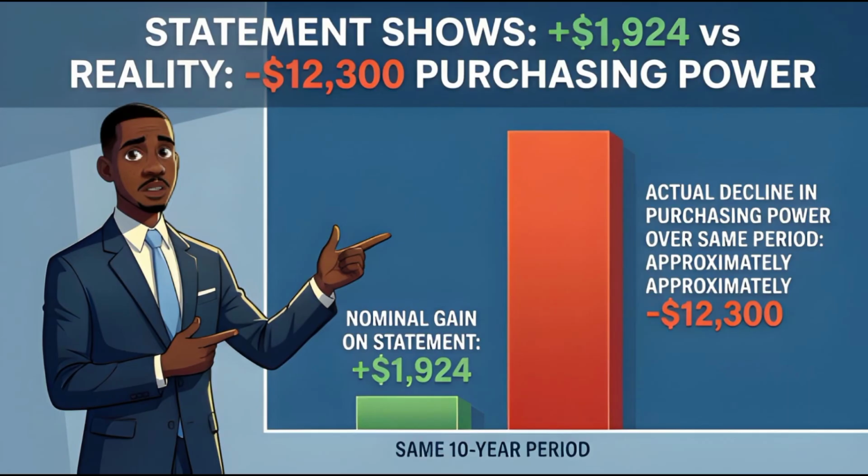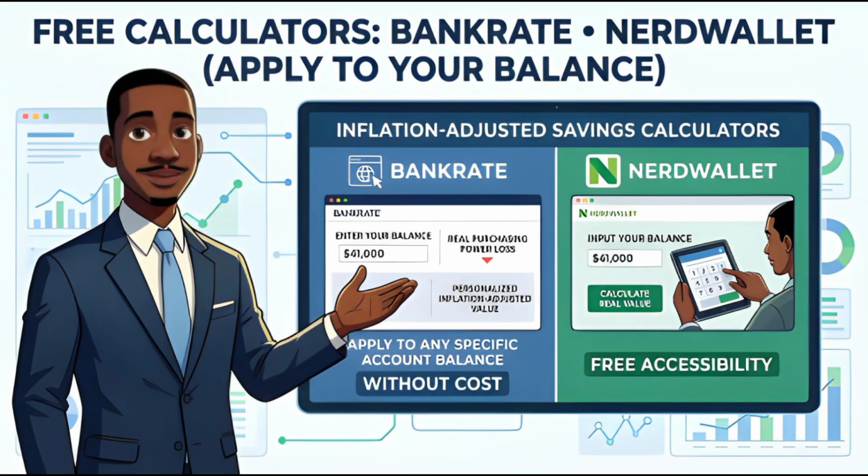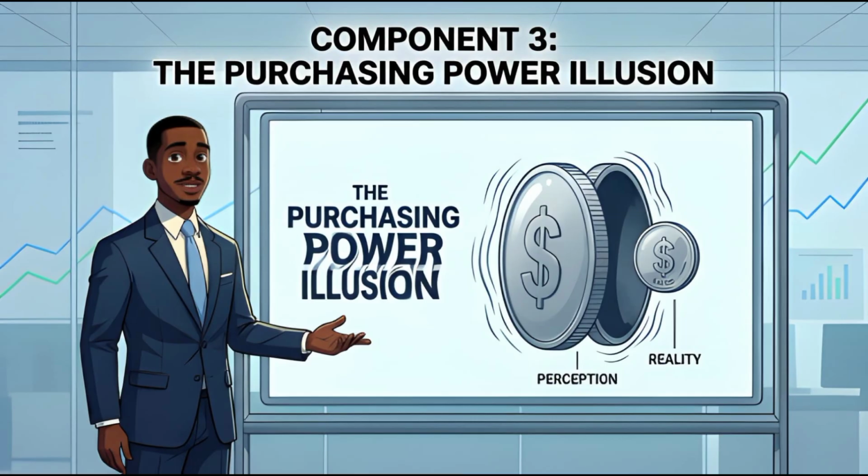The nominal gain on the statement is $1,924. The actual decline in purchasing power over the same period is approximately $12,300. Inflation-adjusted savings calculators available through Bankrate and NerdWallet allow this calculation to be applied to any specific account balance without cost.